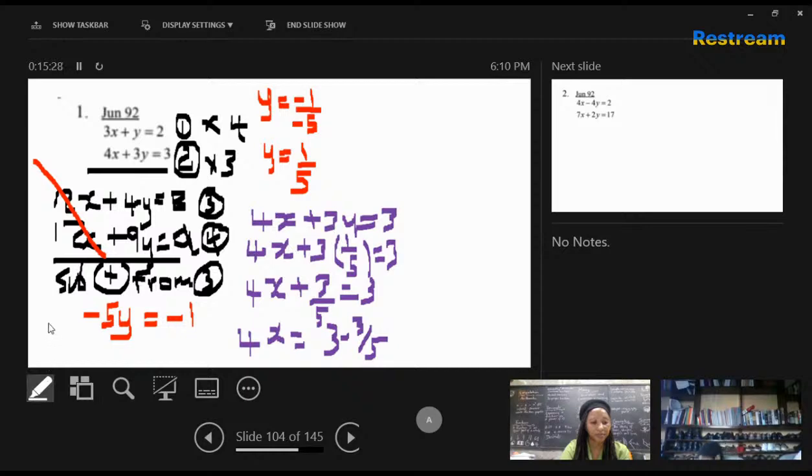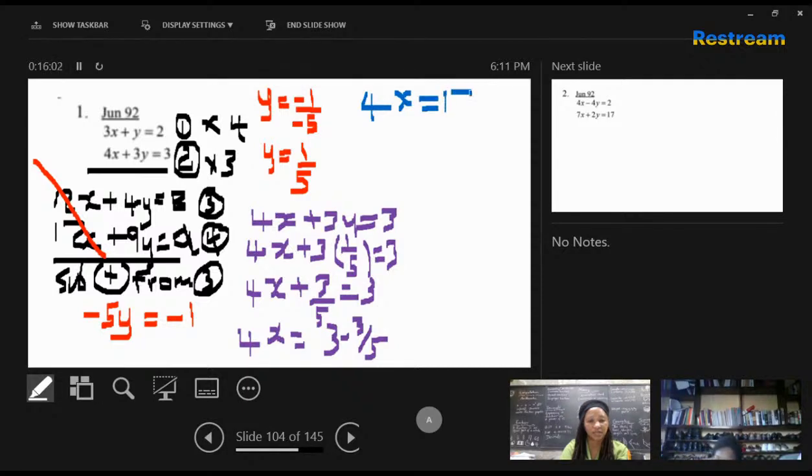Miss, find the lowest common multiple, which is 5. 3 into 15, 15 minus 3, miss, 12 over 5, which is 2 and 2 over 5.